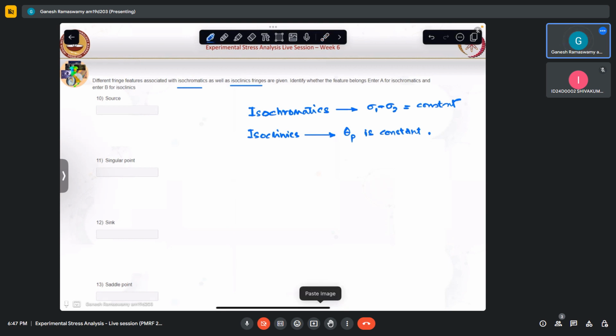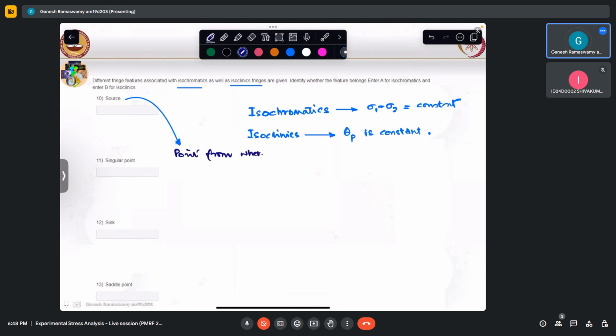So what do we imply by source? This is the point from where isochromatic fringes emanate, meaning it's almost like a water flow.